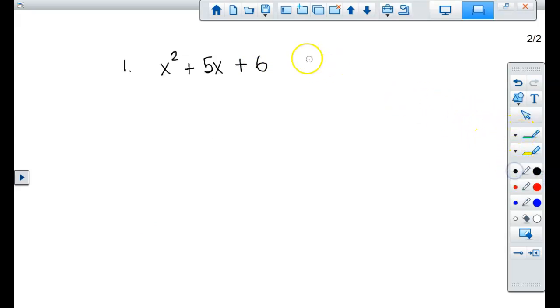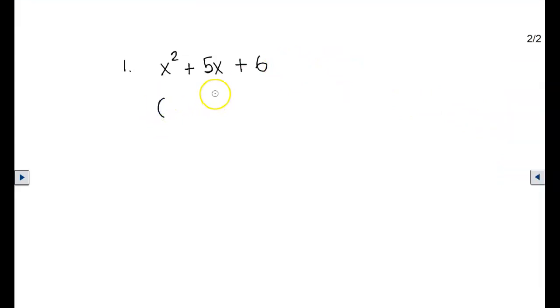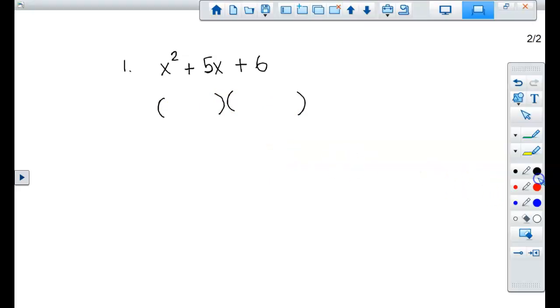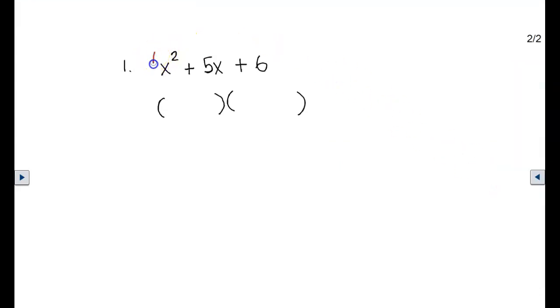Now, to factor this trinomial, you are going to come down below it and start by putting yourself two sets of parentheses. Each of these parentheses is going to represent one part of your multiplication problem. Now, it's guess and check. So let's start with the guessing part.